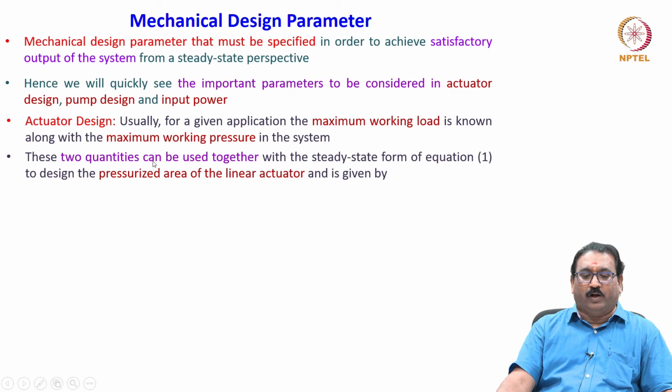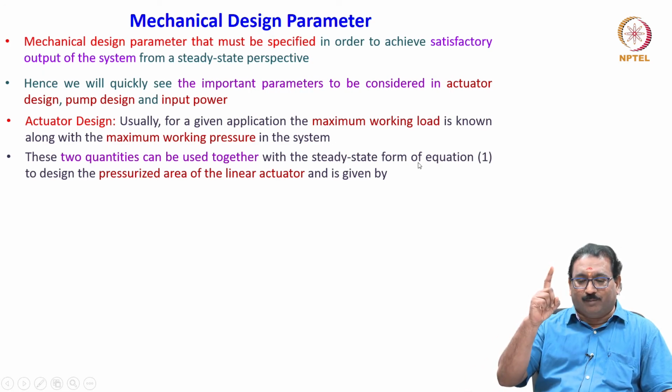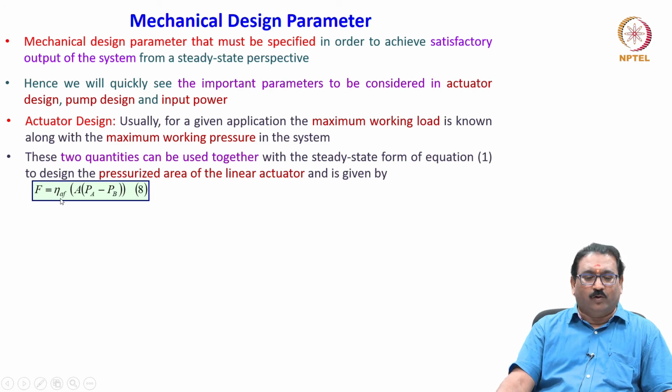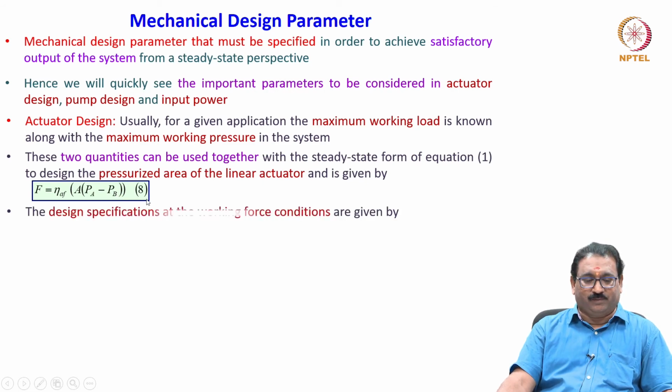These two quantities can be used together with the steady state equation shown in the above equation number 1 to design the pressurized area of the linear actuator, and is given by F equal to the force efficiency of the actuator multiplied by A into PA minus PB. We can call it equation number 8.